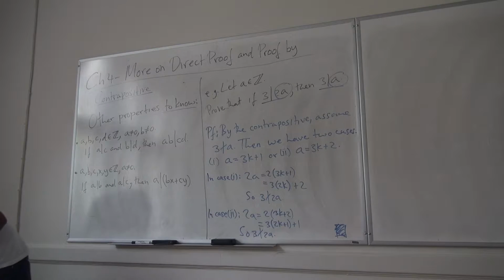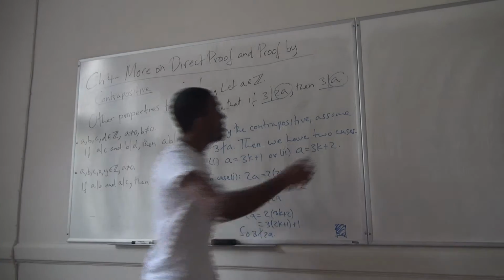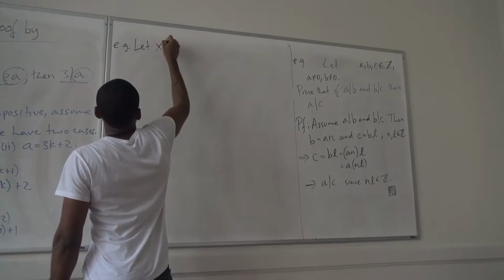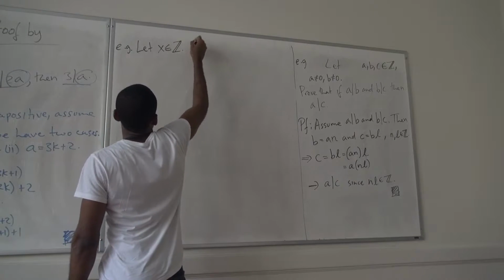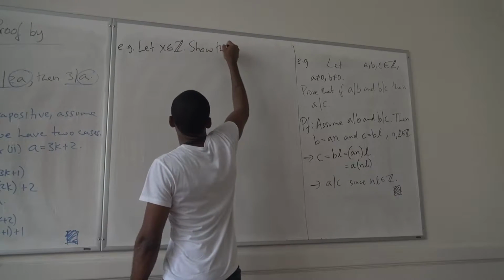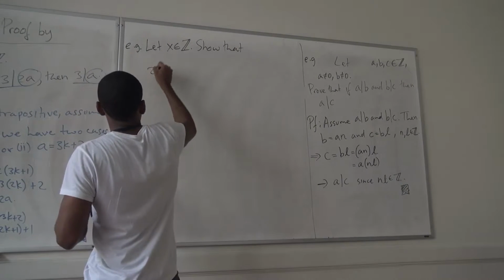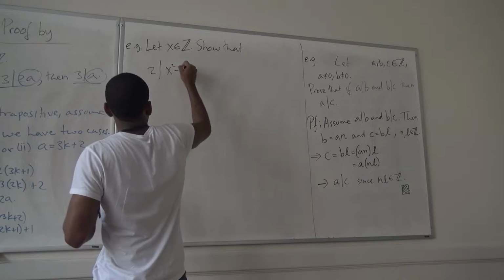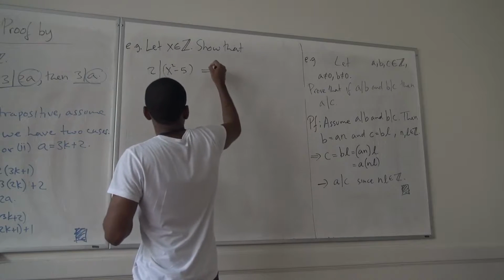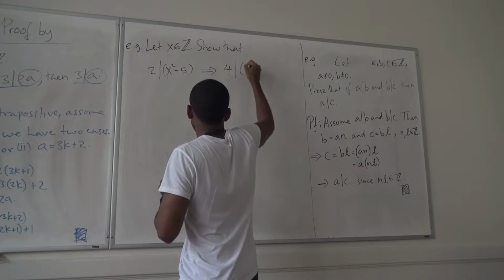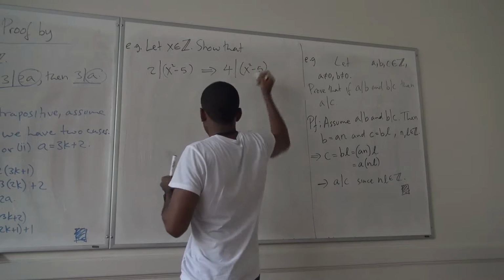Let's do another example. Let x be an integer. Show that 2 divides x squared minus 5 implies that 4 will also divide x squared minus 5.